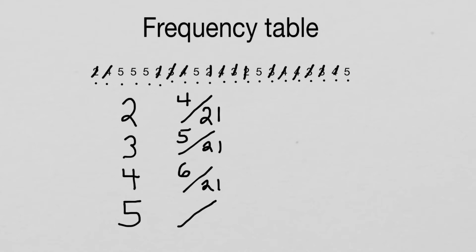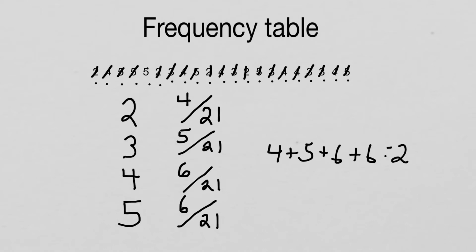And finally, the 5s. 1, 2, 3, 4, 5, 6. So 5s are also 6 out of 21. When you're putting together a frequency chart, you need to make sure that the total number of possibilities ends up equal to the total number of outcomes. So 4 plus 5 plus 6 plus 6 does equal 21, and that's what we wanted it to equal.